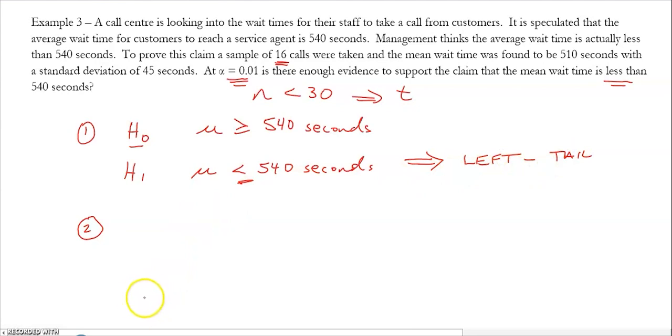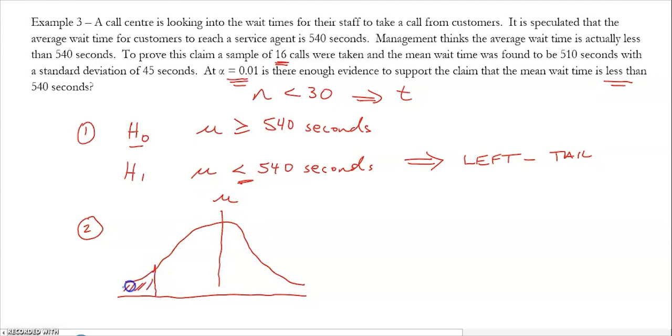So when we put our diagram together, it's going to look something like this. With our mean in the center, and we're going to have our tail on the left-hand side, and alpha is 0.01.